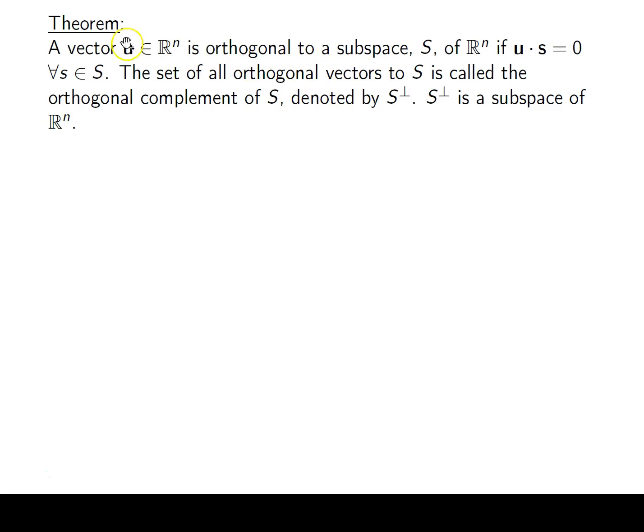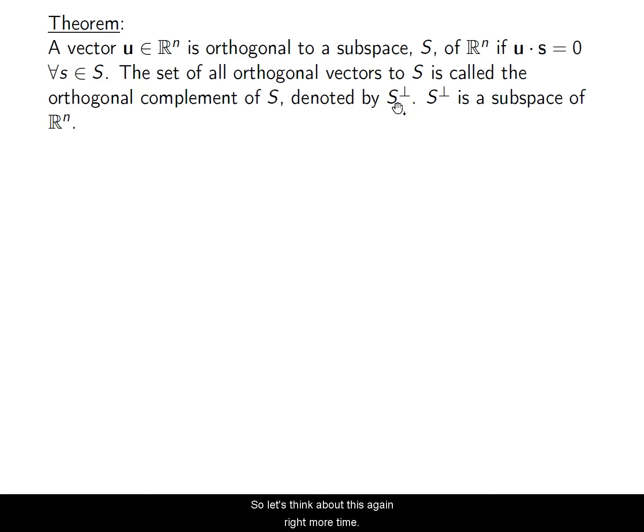The first part: if there's a vector that is orthogonal to every vector in S, then it is orthogonal to the subspace. If I have a collection of vectors where all of those vectors are orthogonal to S, then that collection of vectors is called the orthogonal complement.